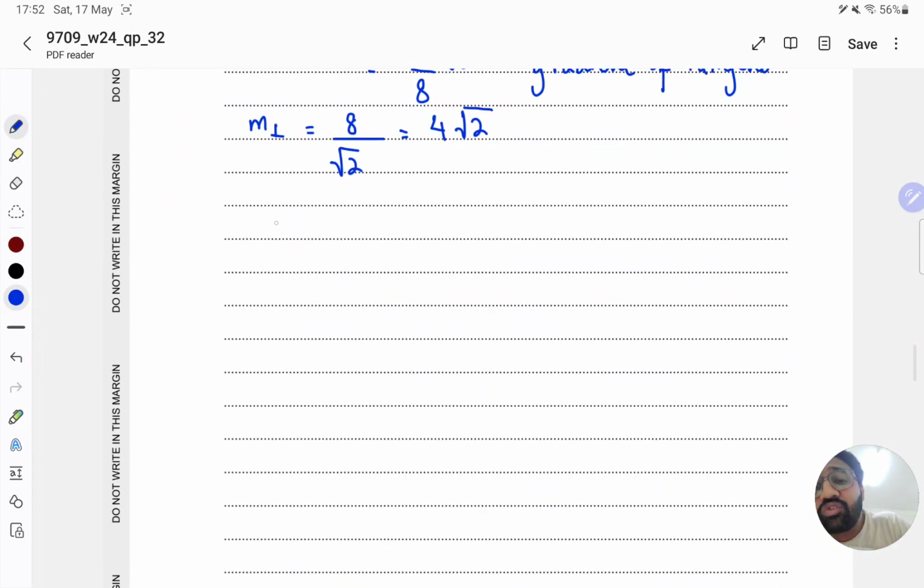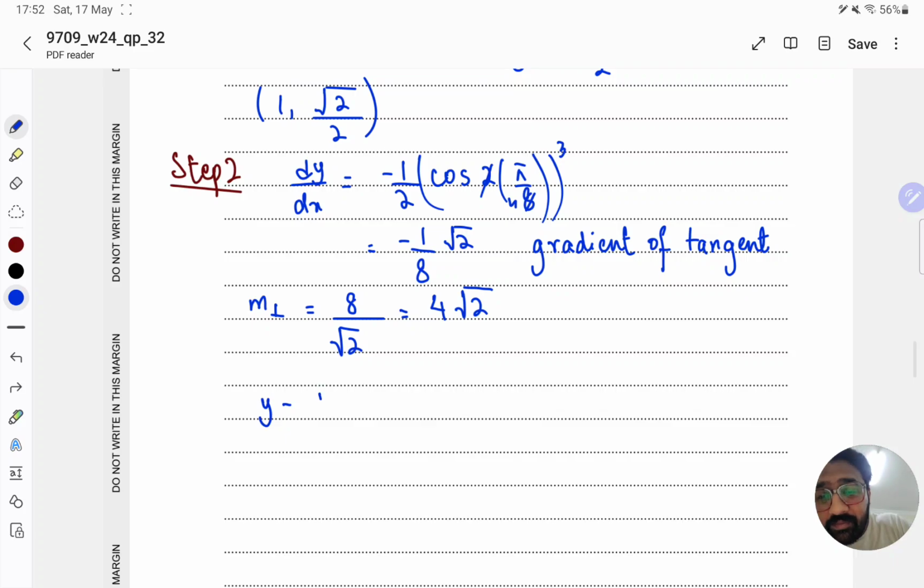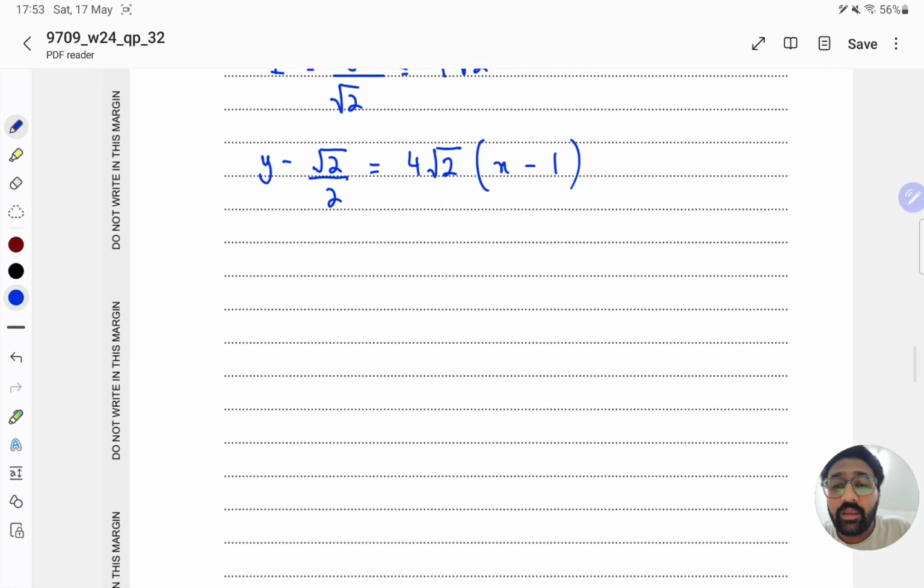So now y minus y1, the coordinates are y minus square root of 2 by 2 equals m, which is this, the gradient, into x minus x1, which is 1.